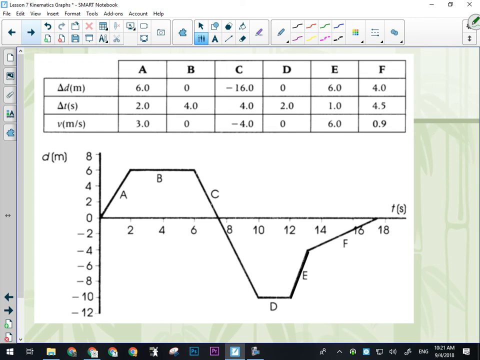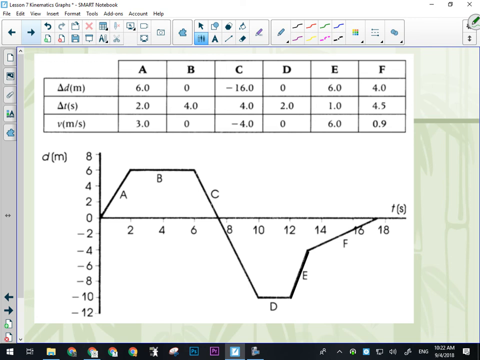Is there any point on this graph where the object is accelerating? Are there any curves on this graph? Right? There's no curves anywhere on this graph. So there's no place where the velocity is changing, okay, over a section. Right? There's constant velocity forwards, no velocity at all. Constant velocity backwards, no velocity at all.